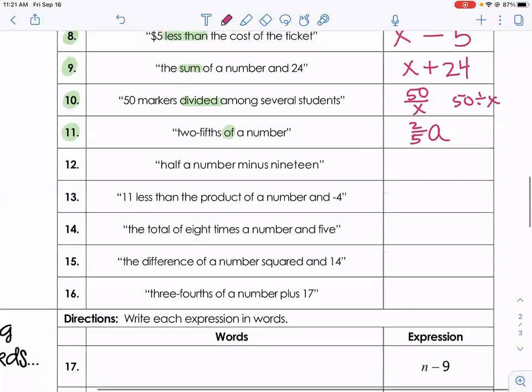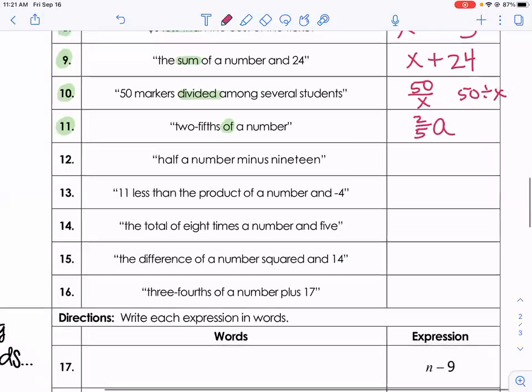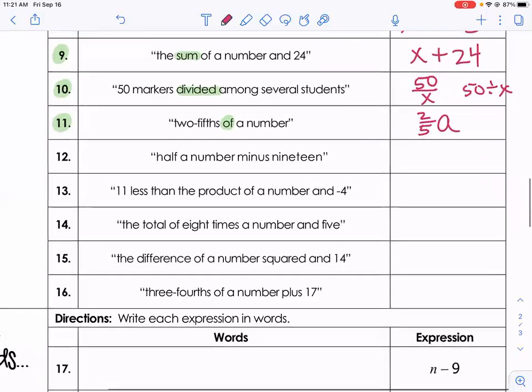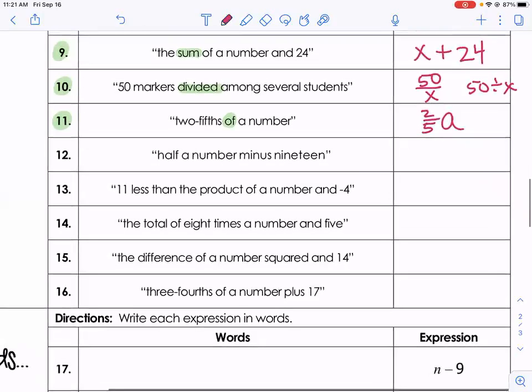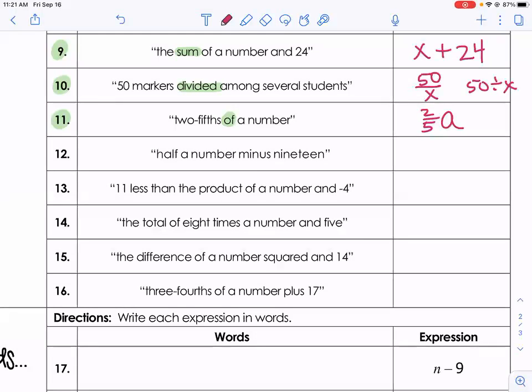Now our next couple examples, and I don't know if we're going to go through all of them. We're going to pick a couple to do, but we have multiple things happening. So let's look at number 14 right here. The total of 8 times a number and 5. So total means what?